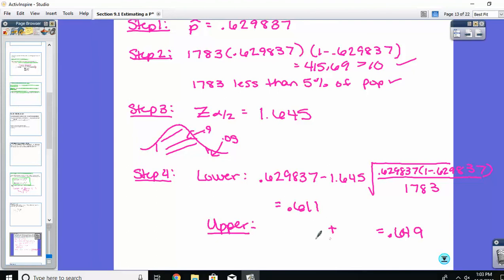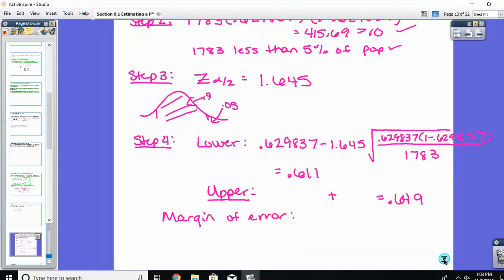If I just asked for the margin of error, I didn't, but I could. Do you know what it would be? Should we just subtract these two? Yeah.